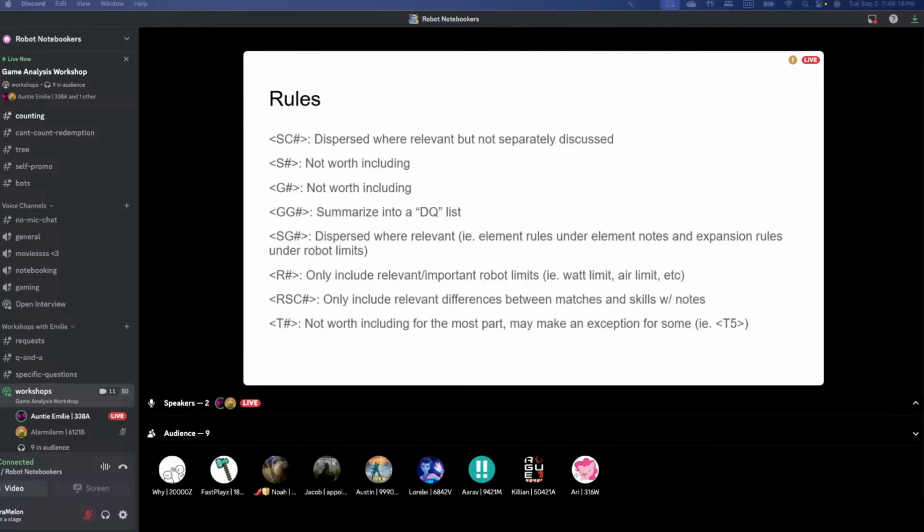And the last one that I get a lot of questions about, it's the last rule category, it's your tournament rules. I would say pretty much none of these are worth including, with the exception of maybe T5, which is expect variation in your element and your field setup and whatnot.